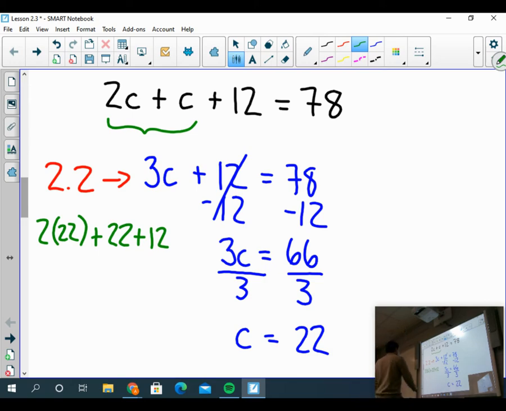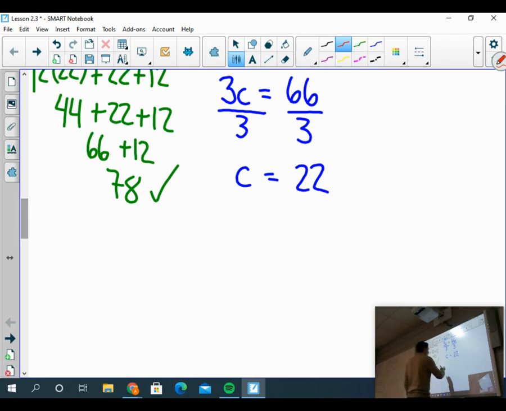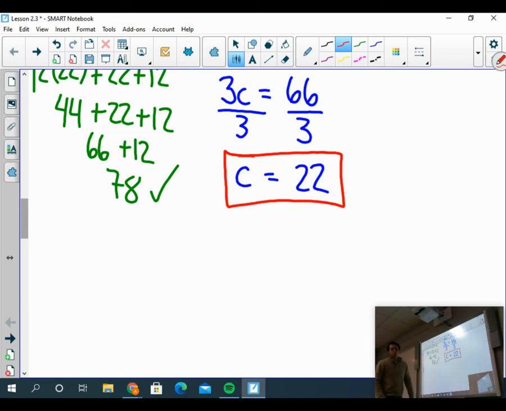Well, 2 times 22 is 44. 44 plus 22 is 66. 66 plus 12 is 78, which is the exact same thing as the right side. And so we conclude our answer of 22 is indeed a solution.